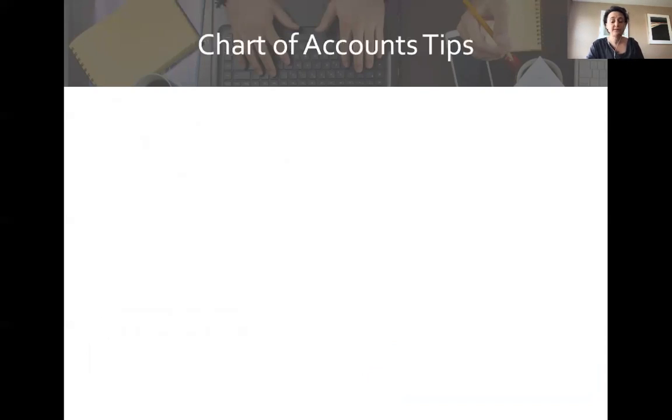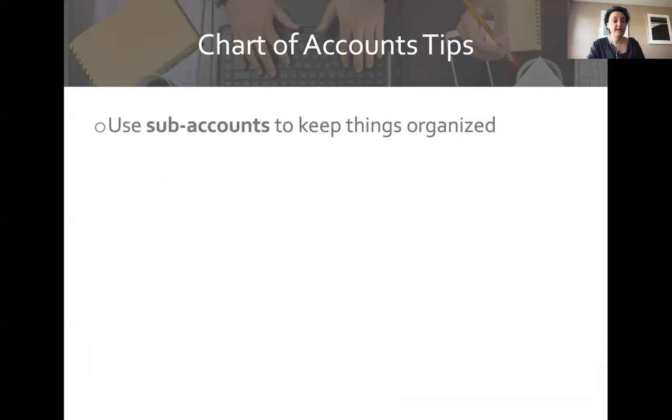Now, you can totally edit your chart of accounts. There is no reason why you can't go and rename or restructure things. So when you go to your chart of accounts in QuickBooks, you can click on Edit and make things sub-accounts of other things to help you keep organized. If you have accounts that you don't use anymore, you can make them inactive.